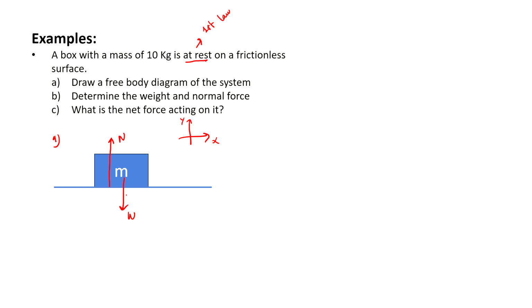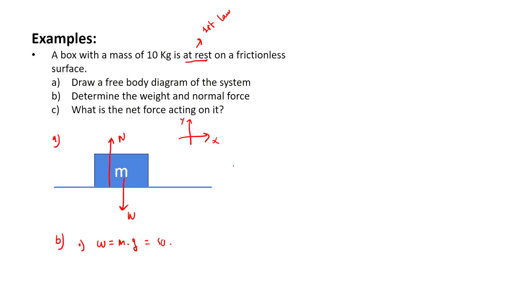It's already answered for the point A. Then for the point B, determine the weight and normal force. First of all, for the weight force, we can simply use W equals M times G, and M is 10 kilogram.